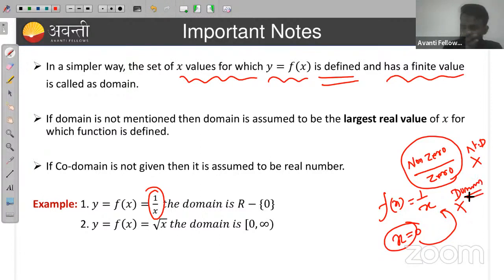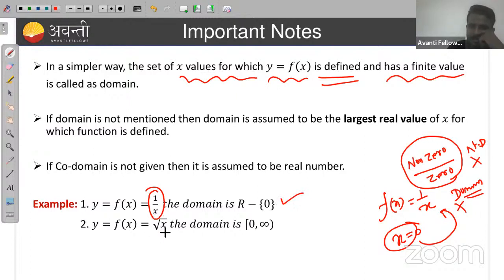What needs to be in the domain? It should be defined and have a finite value. So any other values except 0, like 1, 2, 3, 1.1, -2, -5, √3, √2, anything, will give a finite value.